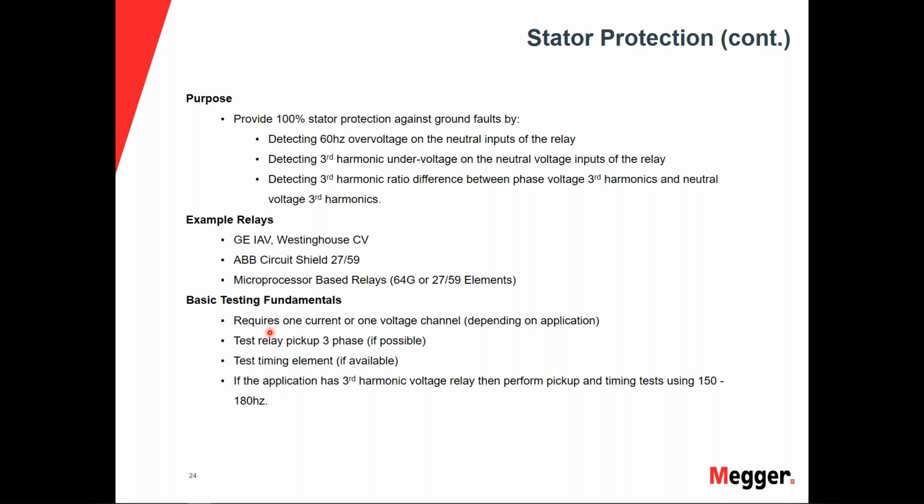What we want to do here is we just need one current and one voltage. We also need to make sure that we do the pickup three-phase if possible. And if there's a timing element inherent to the settings, we want to make sure that we capture that as well. Second, we want to make sure that we do the third harmonic voltage pickup to make sure we are catching the 100% stator ground.